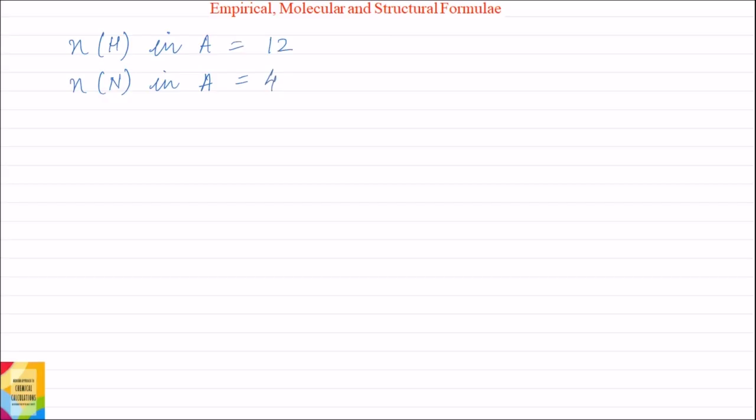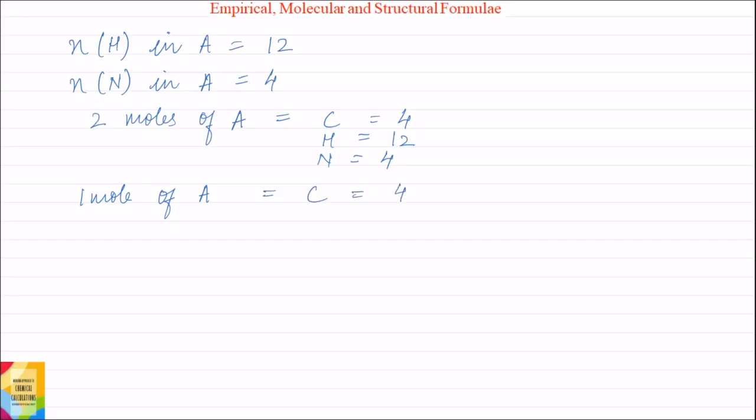Now these moles of carbon, hydrogen and nitrogen are in 2 moles of A, meaning 2 moles of A contains carbon equal to 4 moles, hydrogen equal to 12 moles, and nitrogen equal to 4 moles. So 1 mole of A will contain carbon equal to 4 by 2, which is 2 moles, hydrogen equal to 12 by 2, which is 6 moles, and nitrogen equal to 4 by 2, which is 2 moles.